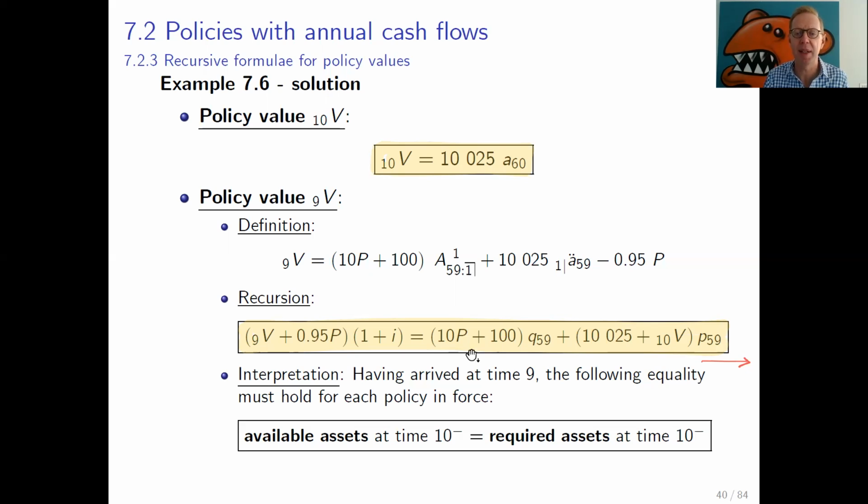So the right-hand side is indeed the expected required assets at time 10 minus. Important is that it is at time 10 minus, so that means the 10,025, that's the benefit to be paid at time 10, has not occurred yet. So we still have to pay that 10,025 in a second, let's say. Therefore, we have the 10,025 included here, and then this is the policy value at time 10 after the benefit payment.